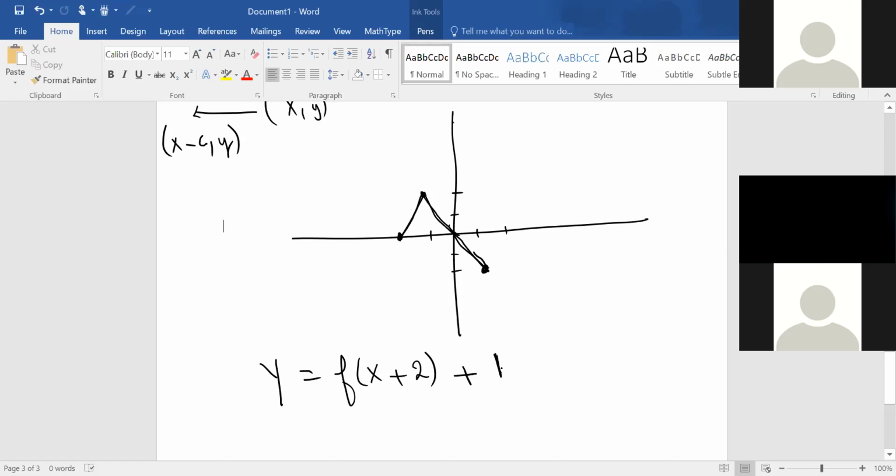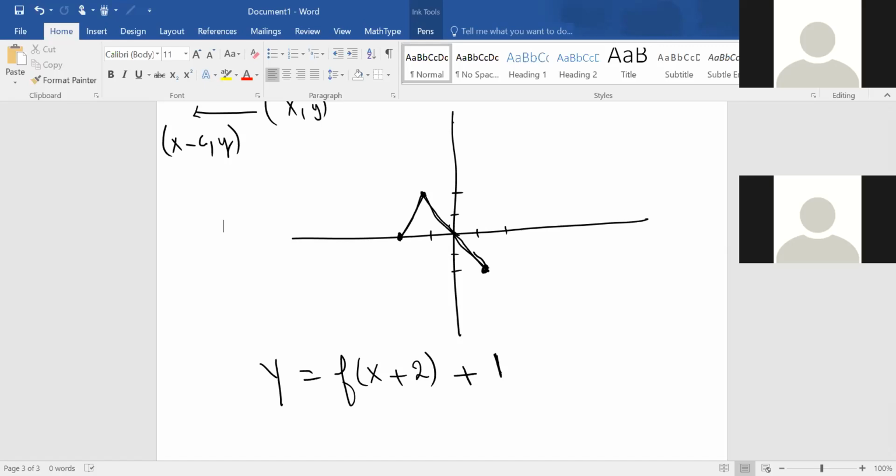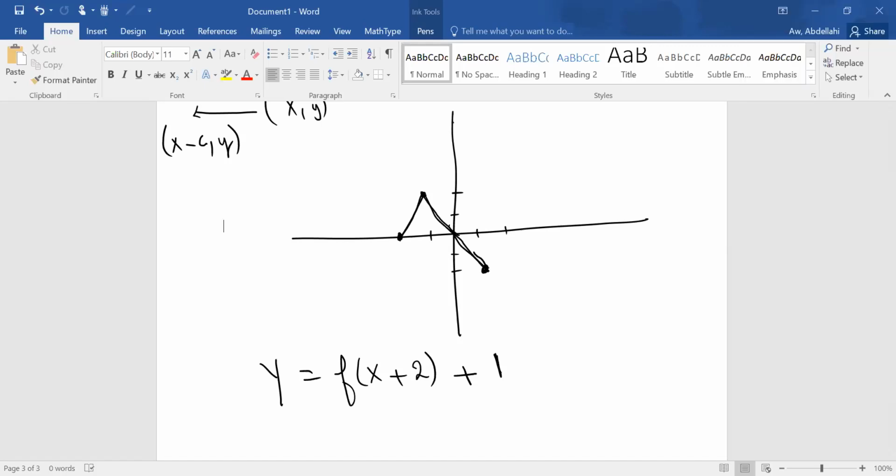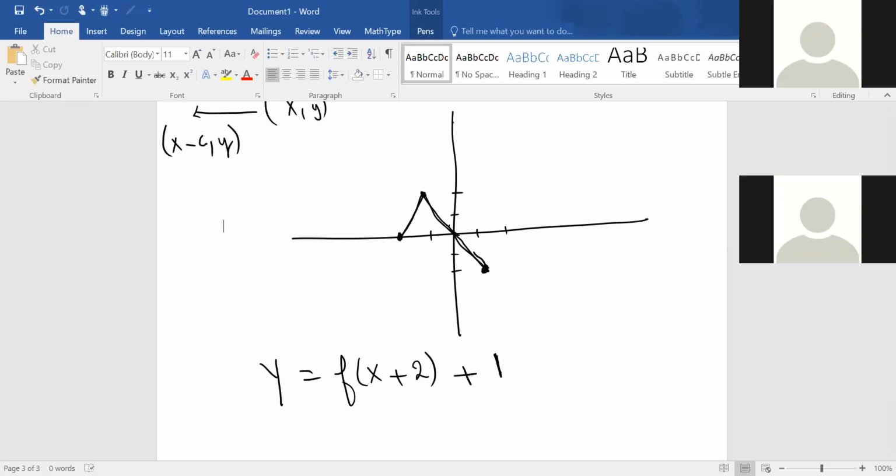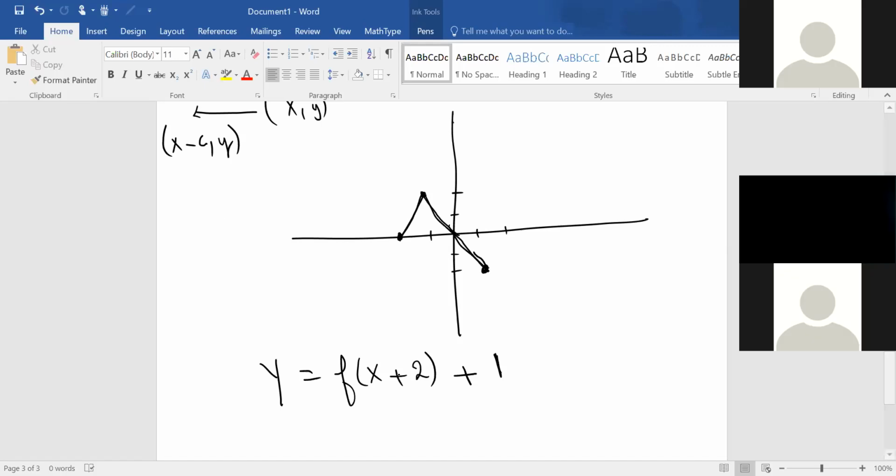You see, when you see this, how many transformations do you think you're going to have to do? 2 transformations, right? The plus 2 here, what transformation will it give me?